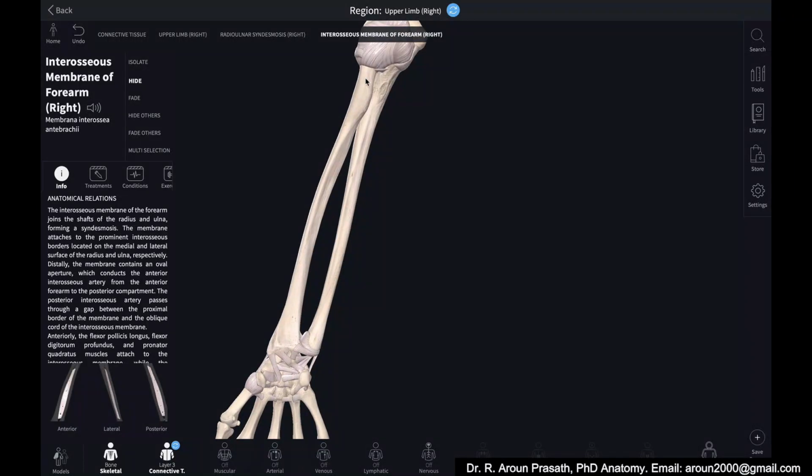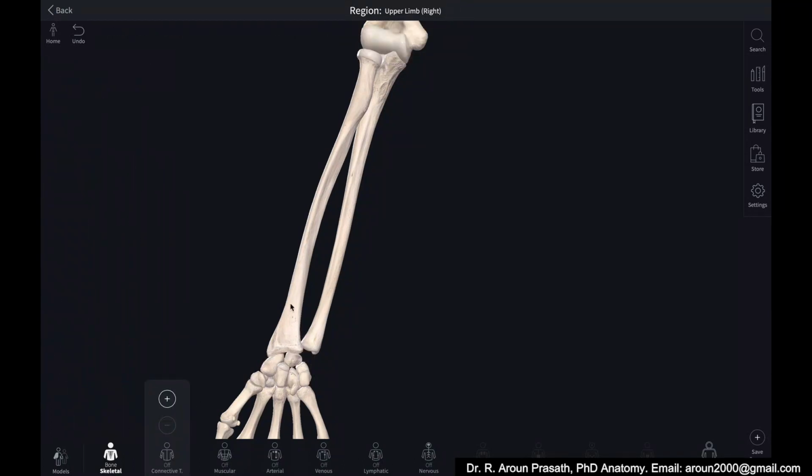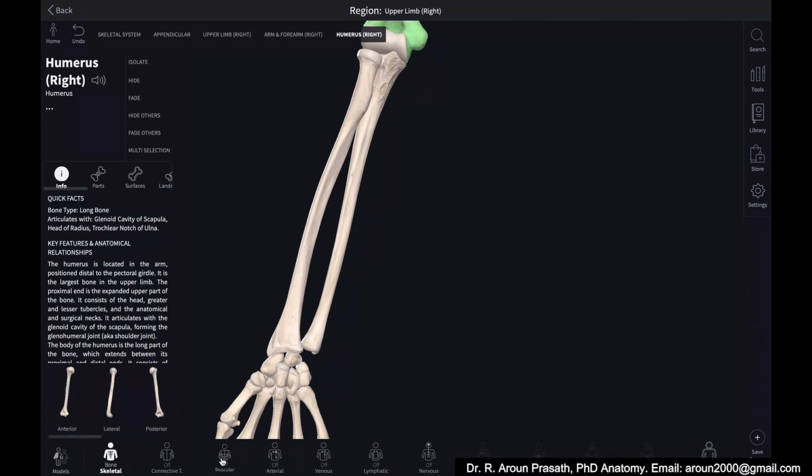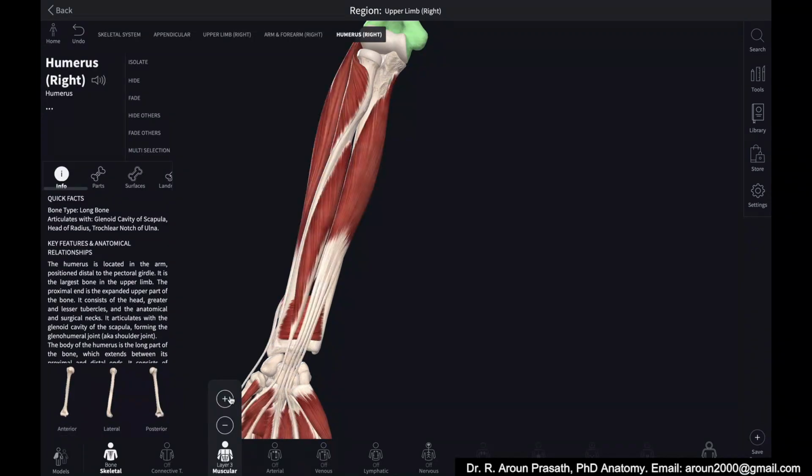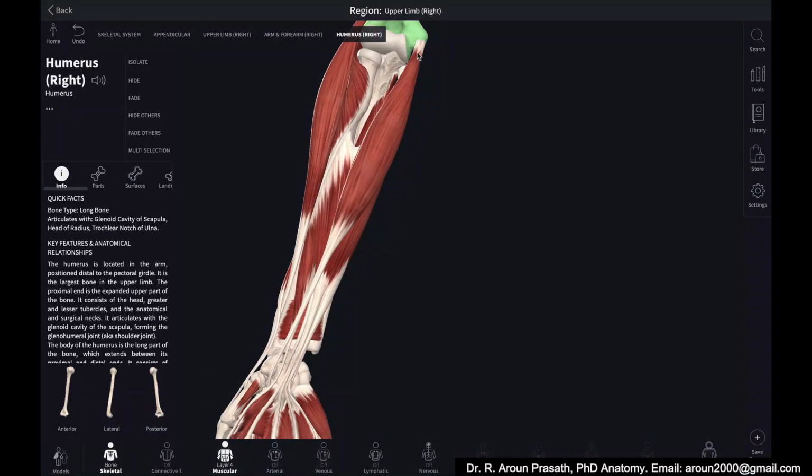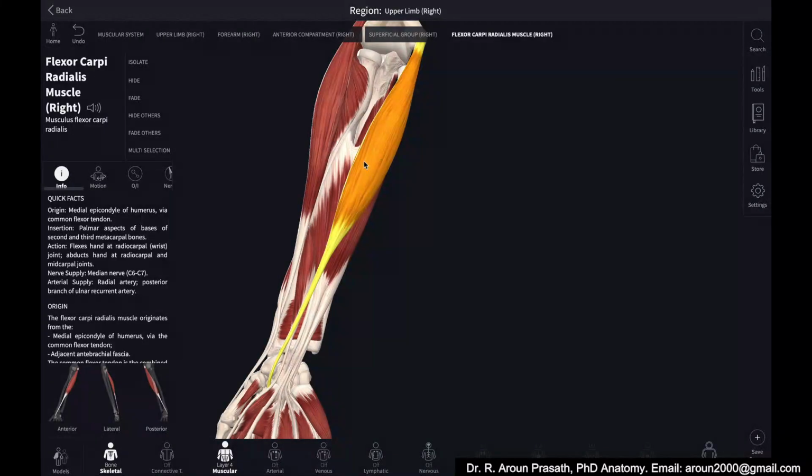So let's not discuss the joint. Moreover, the radius and ulna give a lot of muscle attachments, but the major muscles, the flexor muscles of the wrist, are originating in the medial epicondyle. These are all the superficial flexor muscles of the forearm.